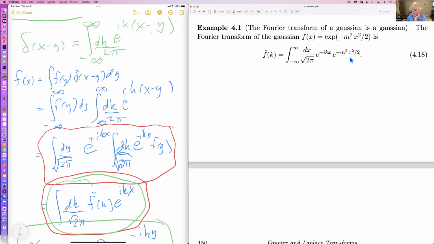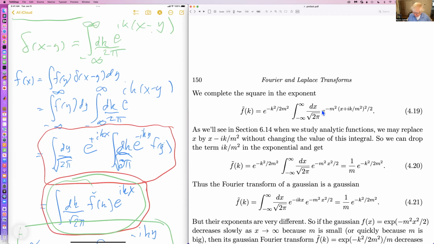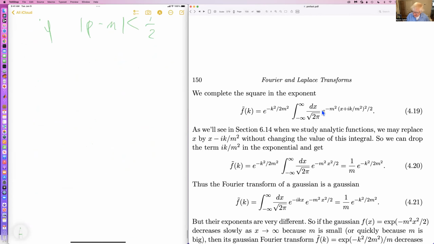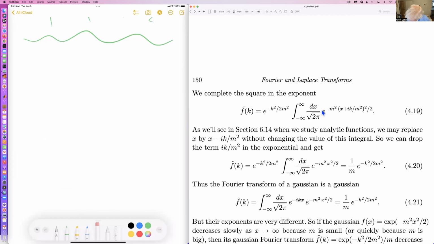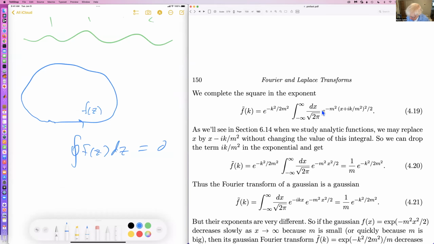It doesn't mean anything because, as I said last time, the integral of an analytic function, so f of z, integral of f of z dz is 0 if you go along a, well, here, let me get rid of that 0 and write a decent 0.